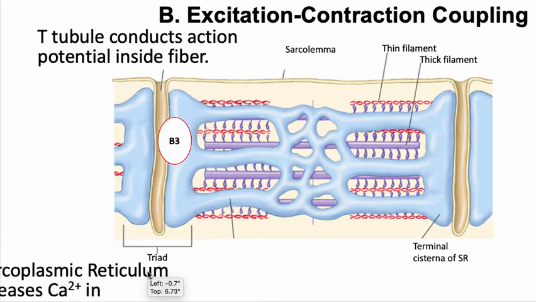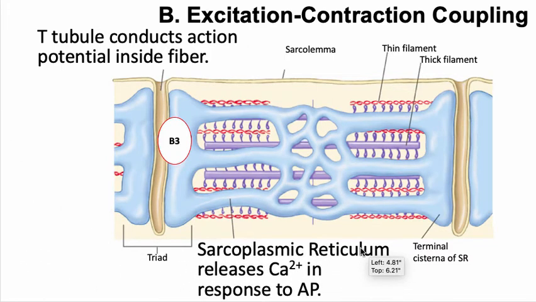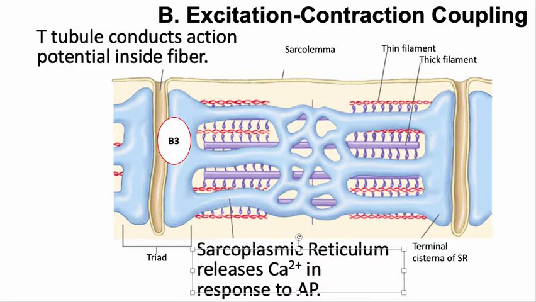The actual excitation-contraction coupling happens when you have the release of calcium from the sarcoplasmic reticulum, where it's stored, in response to the muscle action potential. So let's take a little bit closer look here.